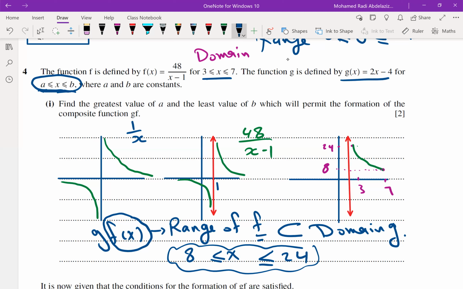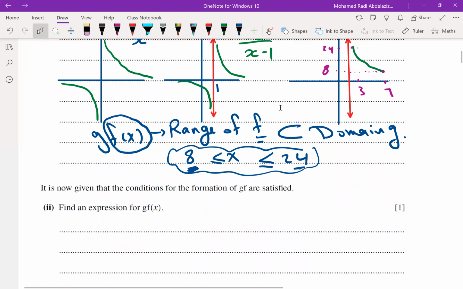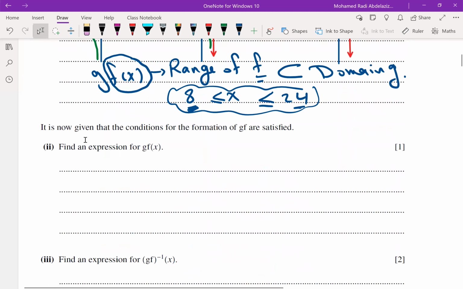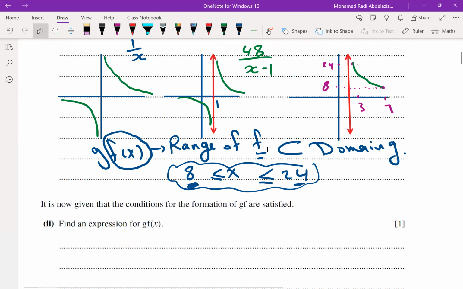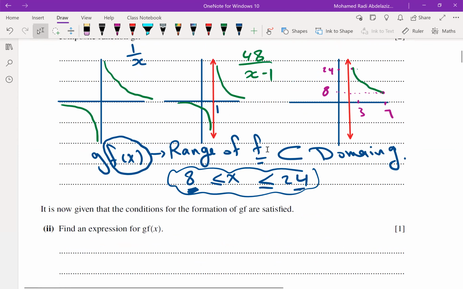The greatest value of A is 8, and the least value of B is 24. If it is more than that, you cannot form it. So the values of A and B are 8 and 24. It is now given that the condition for forming gf of x is satisfied, so the domain is from 8 to 24.